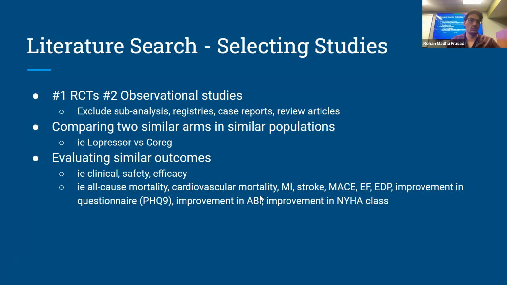And then you can also do improvement in ejection fraction, improvement in end diastolic pressure, or, like I wrote PHQ-9 because I've done a questionnaire before, the improvement in a subjective score on a questionnaire, the improvement in an ABI, improvement in an NYHA class. So it doesn't just have to be mortality. Based on what the studies are reporting, if enough studies are reporting the same outcome, you can do a meta-analysis on it.